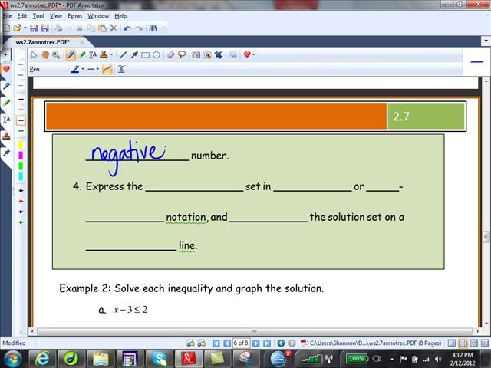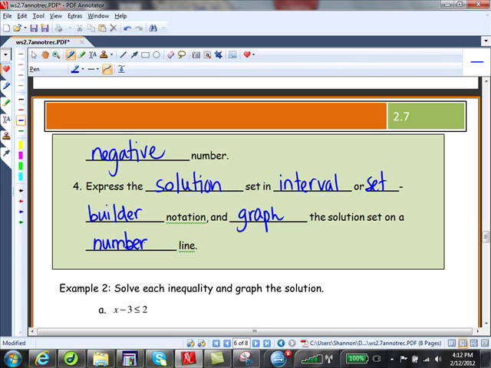That's when you need to change, when you multiply or divide by a negative number. Express the solution set in interval or set builder notation and graph the solution set on a number line. Just to give you a heads up, I ask for both on the test. The interval and the set builder notation, and I also ask you to graph. Okay?